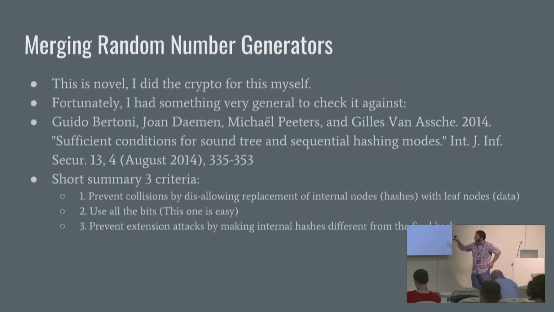I should have gone into more detail about how we do this. So we use all the bits, and then we prevent extension attacks by making internal hashes different from the final hash.